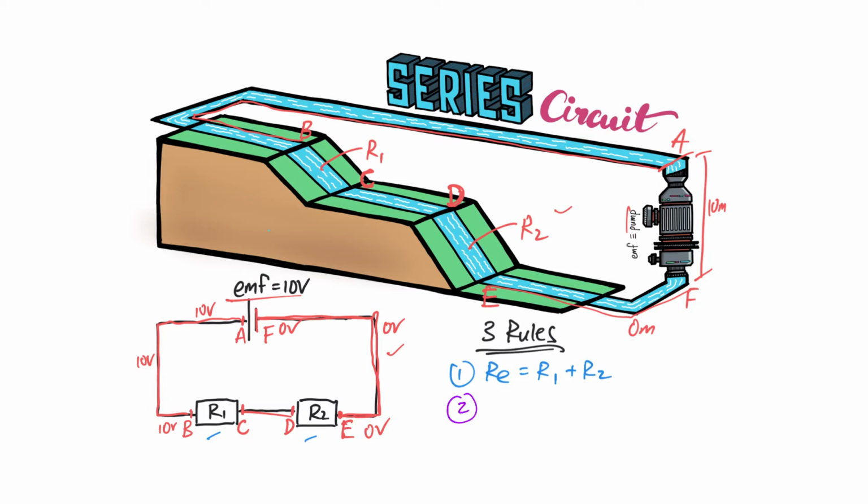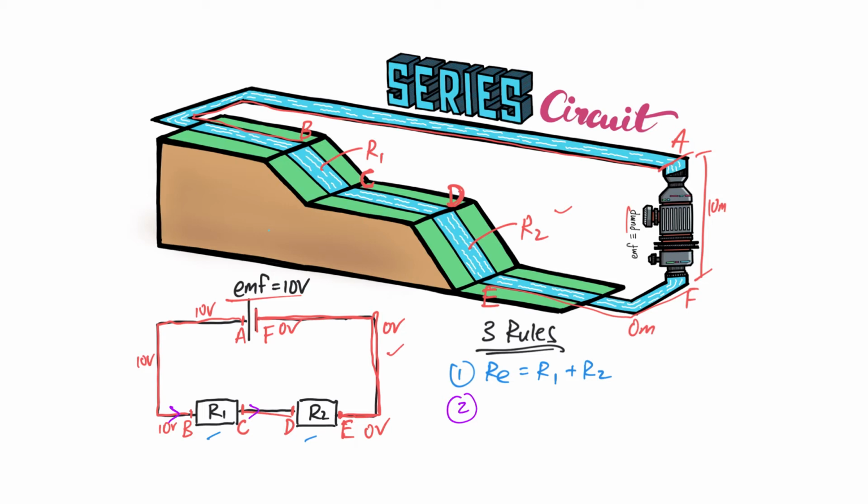Next, let's talk about current. But let's address a misconception here. A lot of students think that when the current enters into R1 and when it comes out, there will be a reduction in the current, which is wrong. As you can see, there's only one path in which the current flows. The current remains constant.